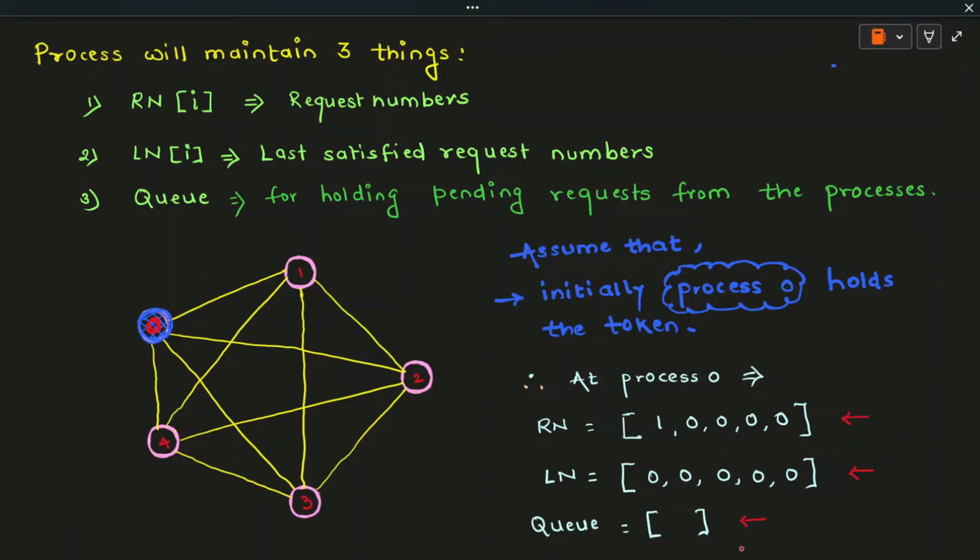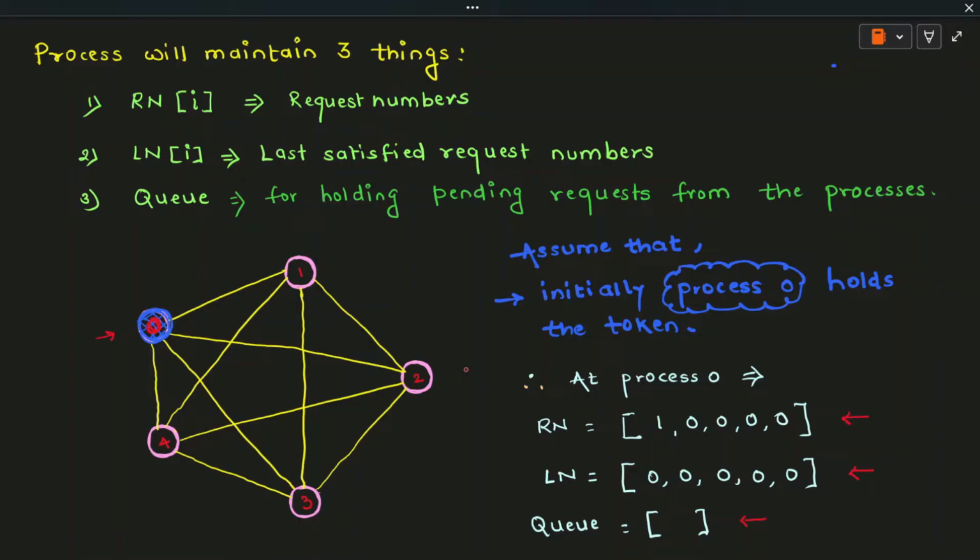Now let's try to understand what these arrays are. Suppose here process 0 is holding the token. So probably it may happen that other processes, like process 2, want that token and want to execute the critical section. So for that, process 2 will request the token which is already with process 0.